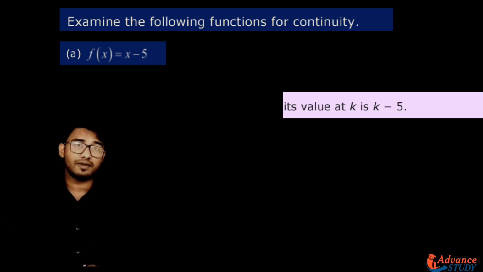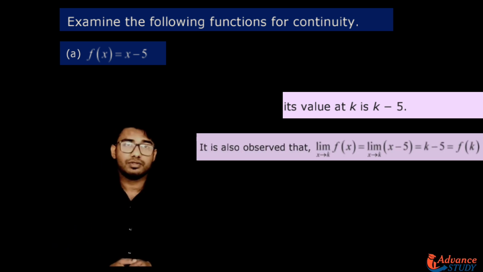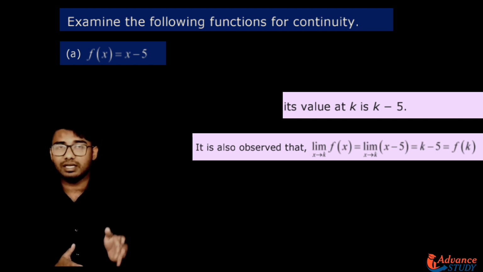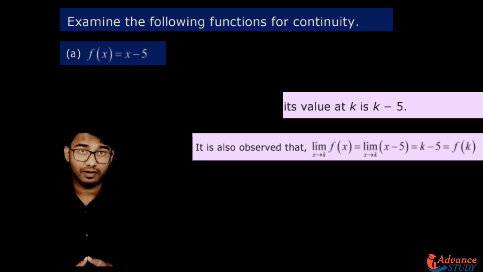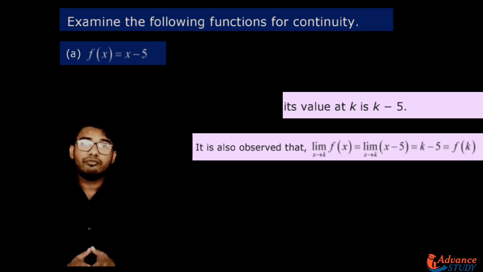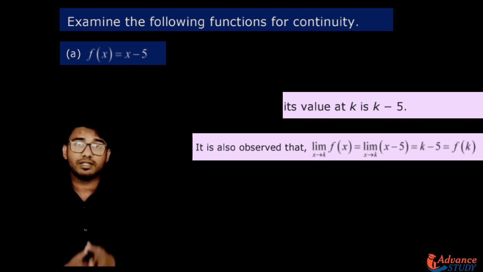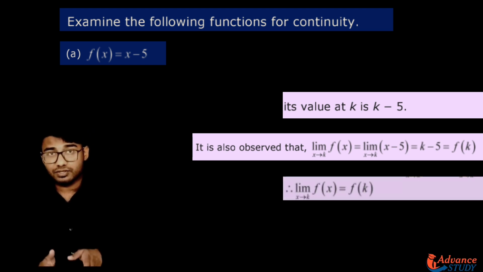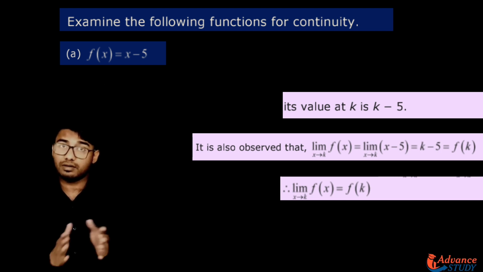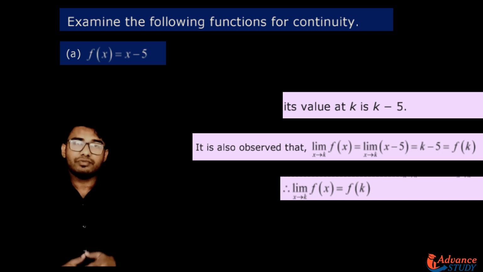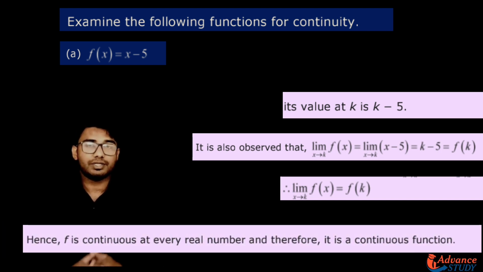It will be observed that the limit as x tends to k of f(x) is equal to the limit as x tends to k of x minus 5, which when we put the limit k becomes k minus 5, which is always equal to the function value f(k). Hence we can say that the function is continuous.